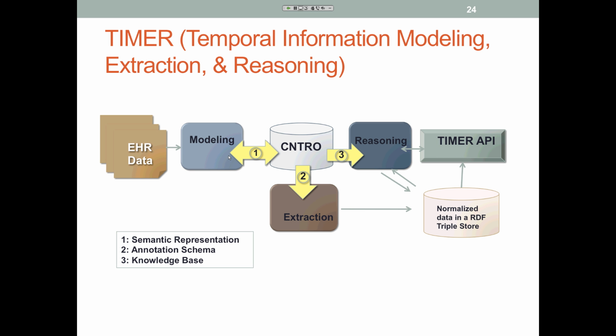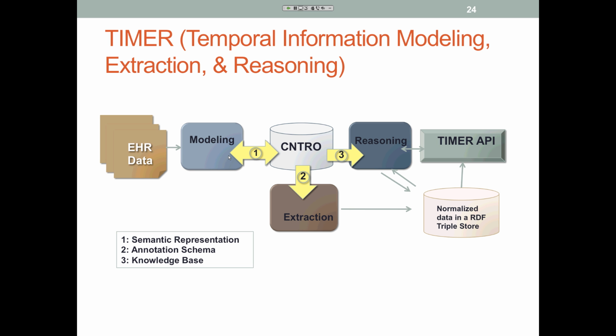This ontology serves 3 different purposes. For modeling, we want to use this as a semantic model so that we can have a normalized representation for temporal information and temporal relations.